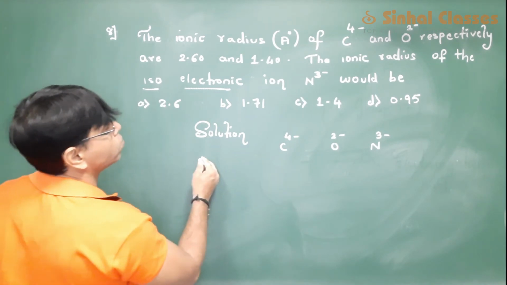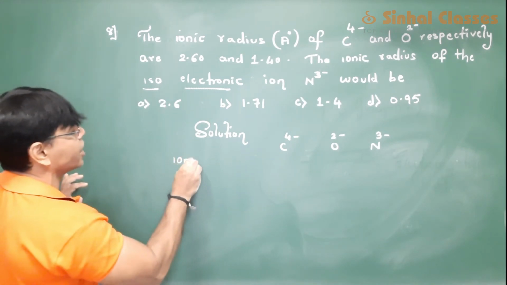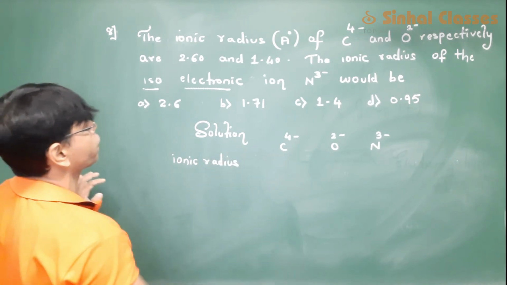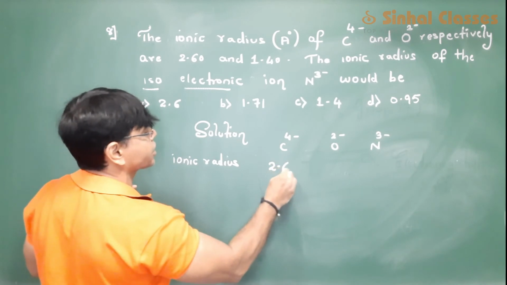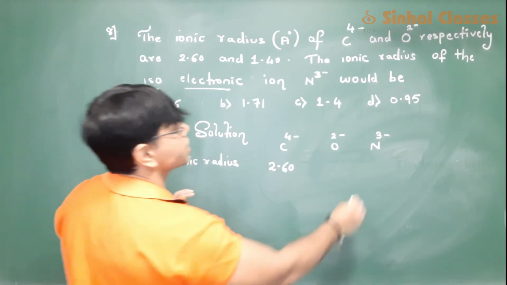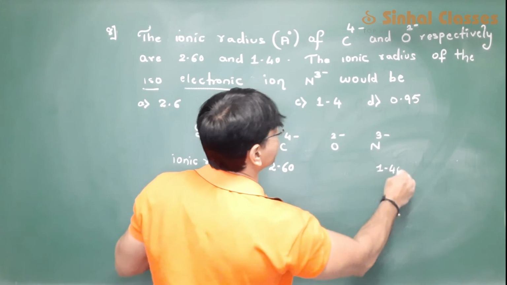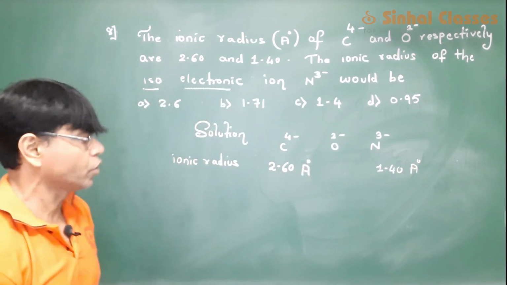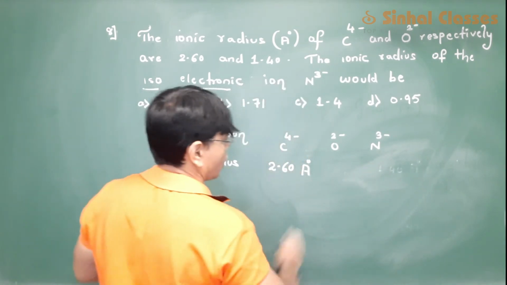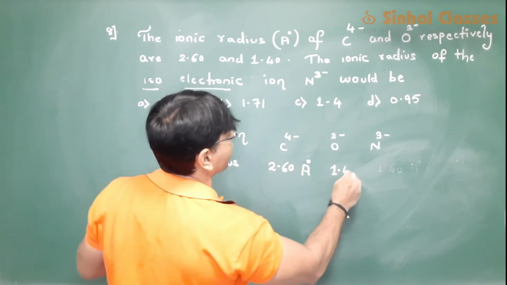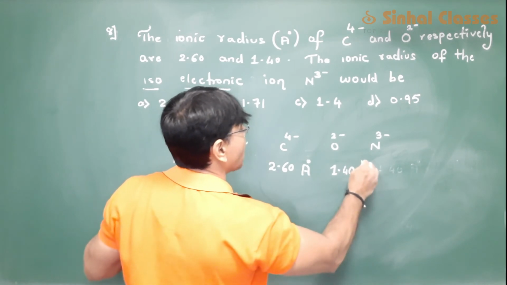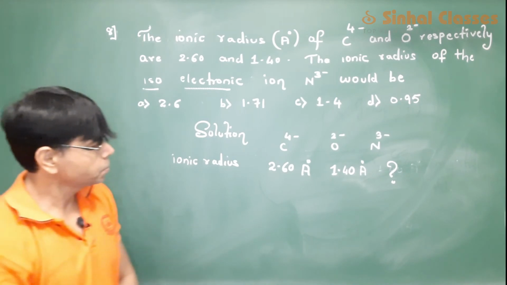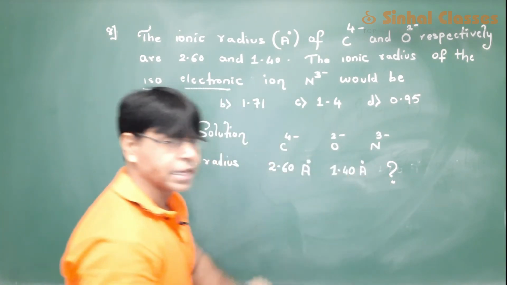They have given you the ionic radius. The ionic radius given for C4 is 2.60, whereas for oxygen it is 1.40, and they are asking for N3 minus.